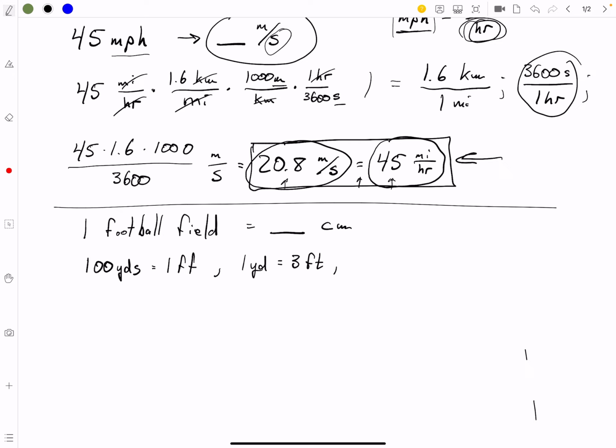We've got 1 foot equals 12 inches. We've got 2.54 inches equals 1 centimeter. What? No. What? No. 2.54 centimeters equals 1 inch.